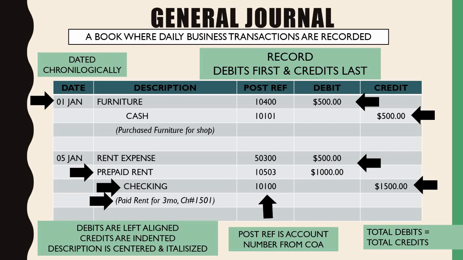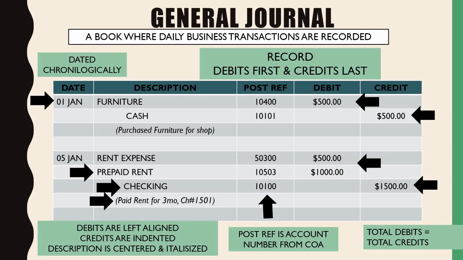Now, the rule here is debits usually are journalized first, and then your credits are journalized after your debits, okay? My debits are going to be left aligned, and that way you're able to tell, well, that's a debit. And your credit is going to usually be indented, okay? Have a little space in between, and then you're able to put your credit account on there, okay?